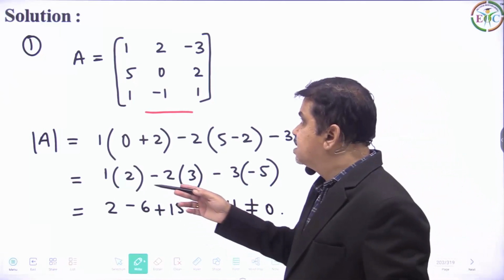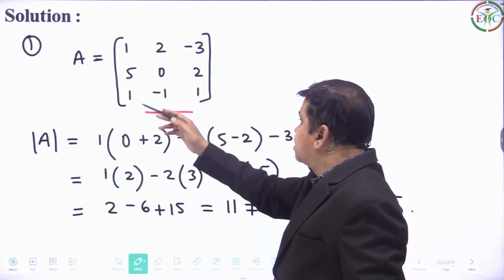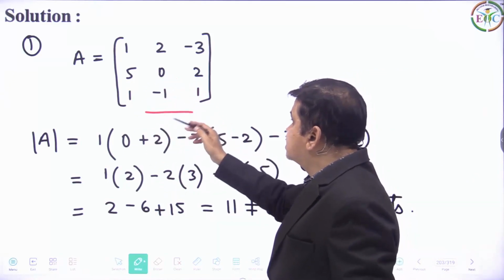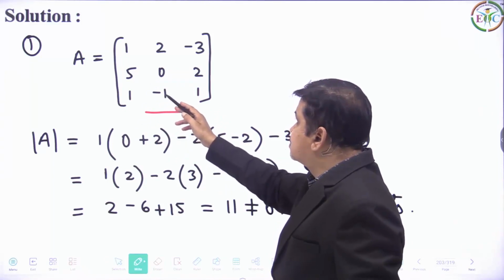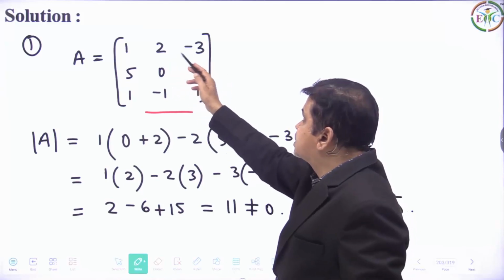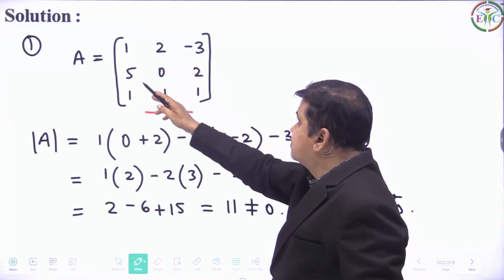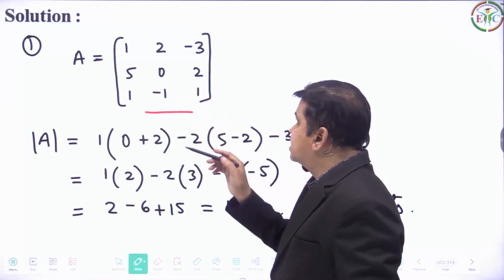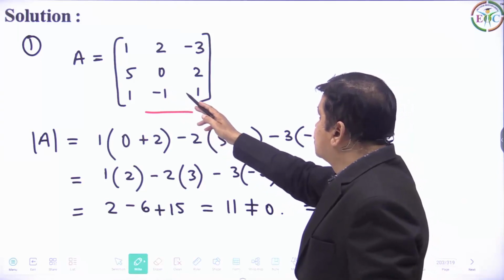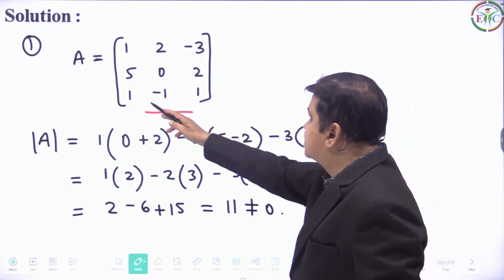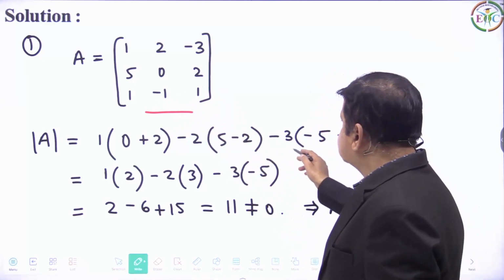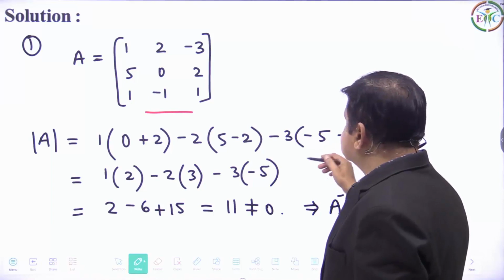So determinant of A is equal to, expanding along row 1, 1 into 0 into 1 is 0, minus of, minus 1 into 2 is plus 2, and minus 2 into, leaving out the corresponding row and column elements, we have 5, 2 and 1 as the elements of the determinant, so 2 into 5 into 1 is 5, minus of 1 into 2, so that is 5 minus 2, and minus 3 into, minus 5 minus 0.